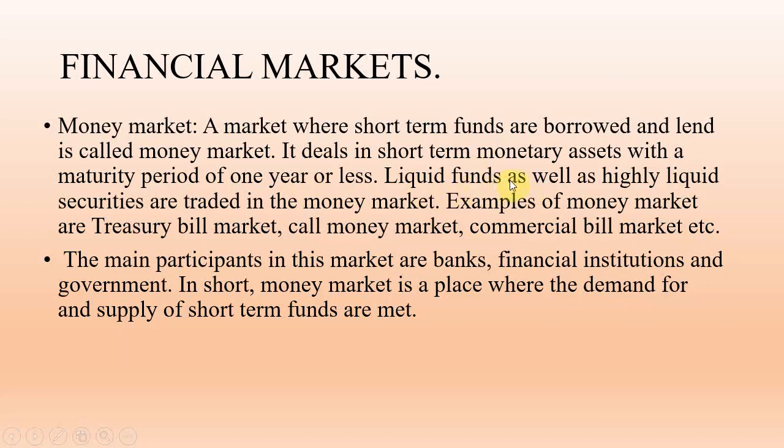The liquid funds as well as highly liquid securities are traded in the money market. Examples of money markets are the treasury bill market, call money market, commercial bill market, etc. The main participants in these markets are banks, financial institutions and government. In short, the money market is the place where the demand and supply of short-term funds are met.